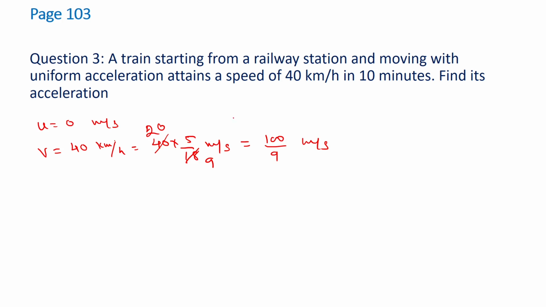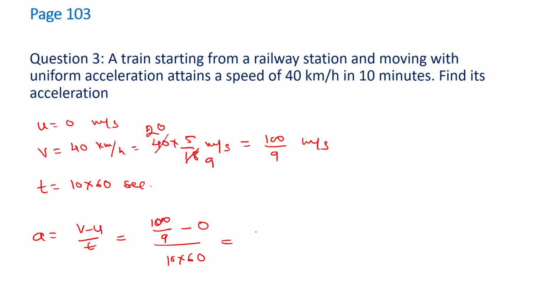Now next, the time is given as 10 minutes, so time should be in seconds, so 10 multiplied by 60 seconds. So we can find the acceleration with the formula a equals v minus u divided by t. The final velocity is 100 divided by 9 minus initial velocity 0, divided by time, 10 into 60.